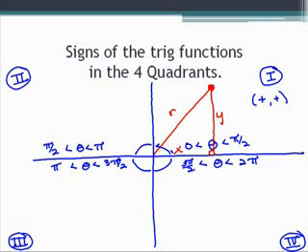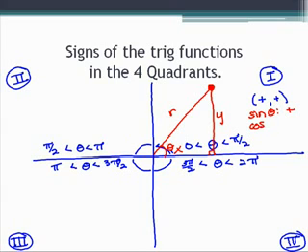So I'm going to the right for the x and I'm going up for the y. So therefore it's positive and positive. If I'm looking at this angle, this is going to be our theta. The sine is the opposite over the hypotenuse. Sine is the y value over the r. The y is positive, the r is positive. So that means the sine of an angle where the terminal side is in that first quadrant is always going to be a positive number.